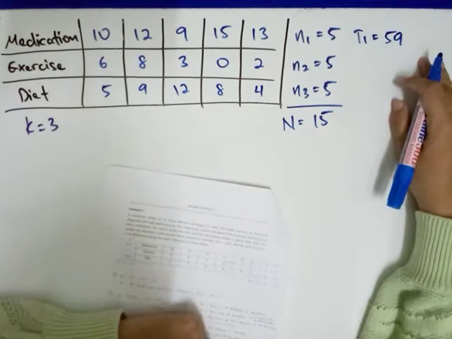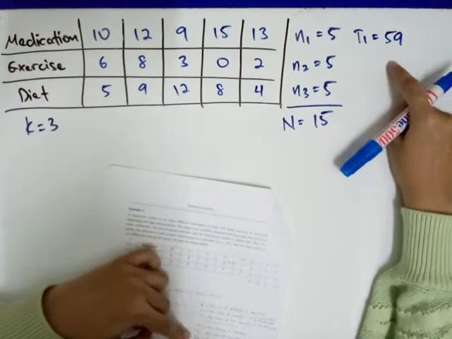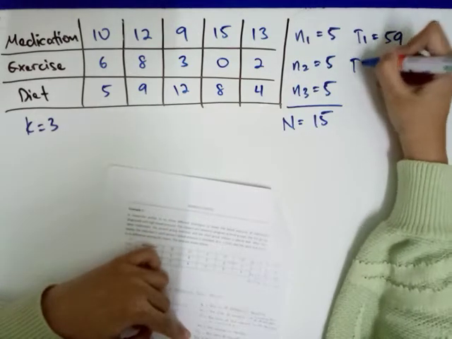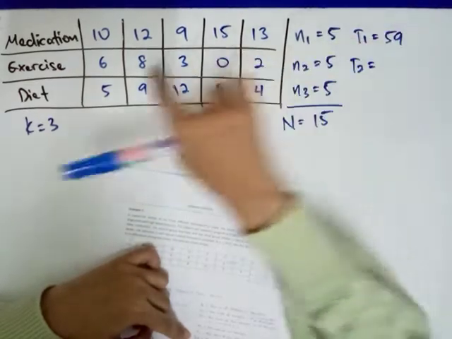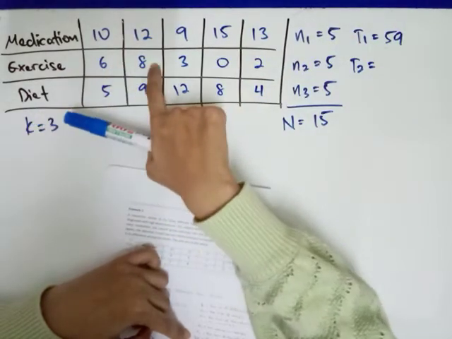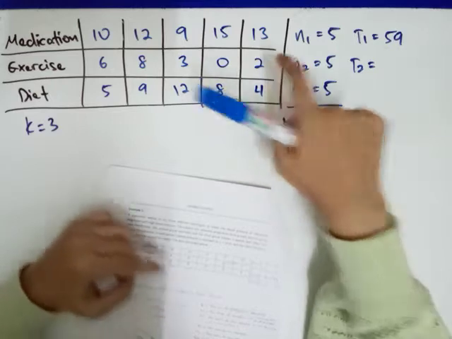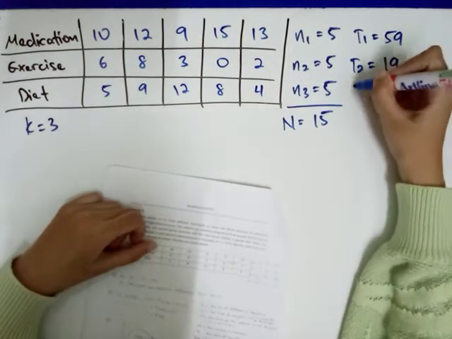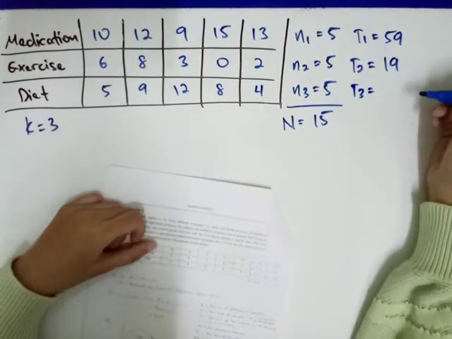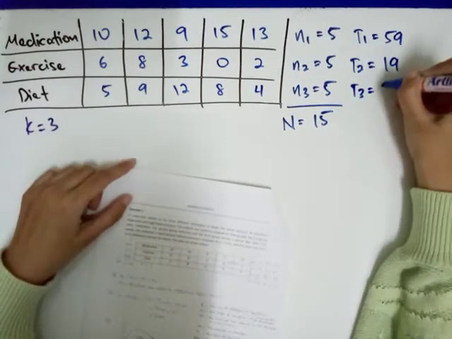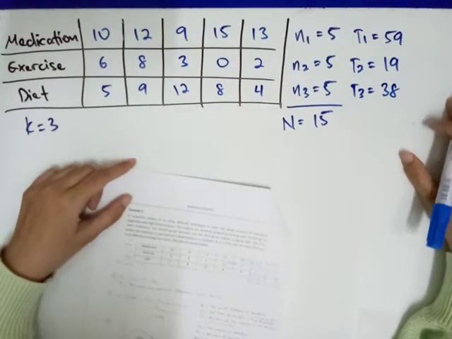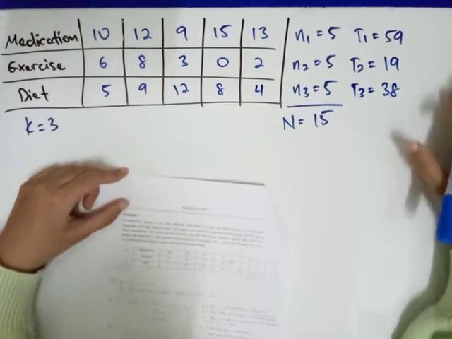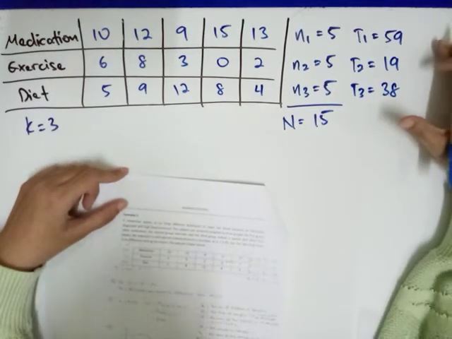So this is the first sample. For the second sample, T2, you sum up 6 plus 8 plus 3 plus 0 plus 2, you will get 19. And for T3, sum up, you will get 38. So these are the sums of the values in each sample.